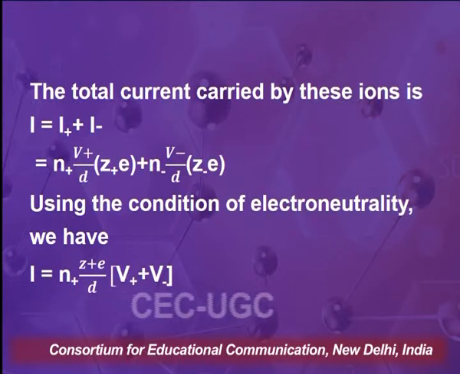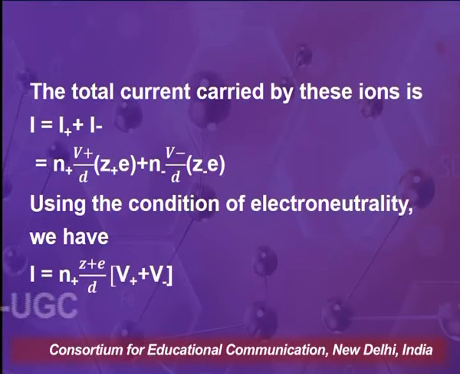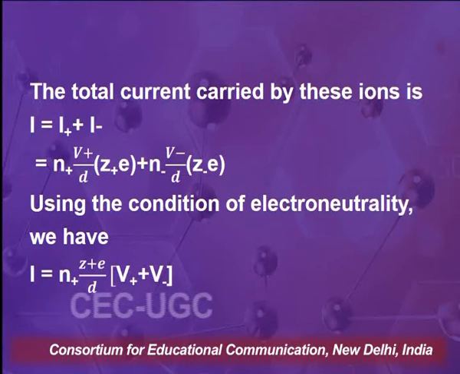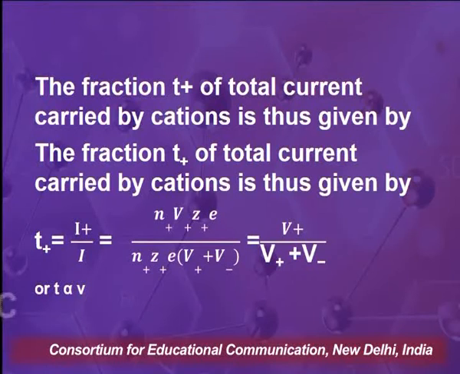Using the condition of electroneutrality, we get I is equal to N plus Z plus e by d into V plus plus V minus. The fraction T plus of the total current carried by cations is thus given by T plus is equal to I plus by I, which is N plus V plus Z plus e divided by N plus Z plus e into V plus plus V minus.